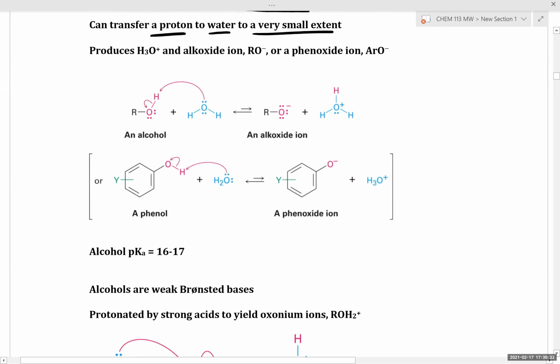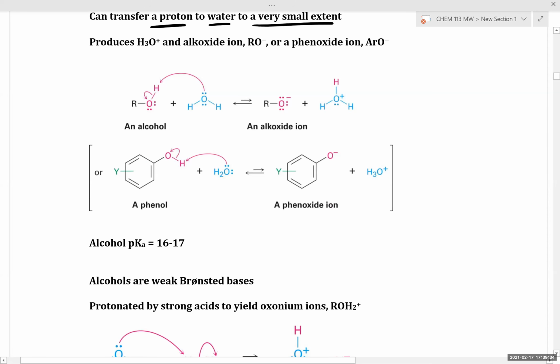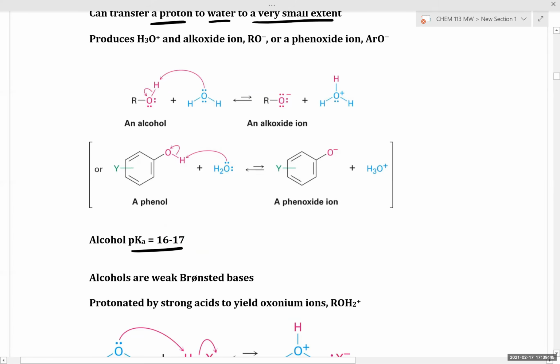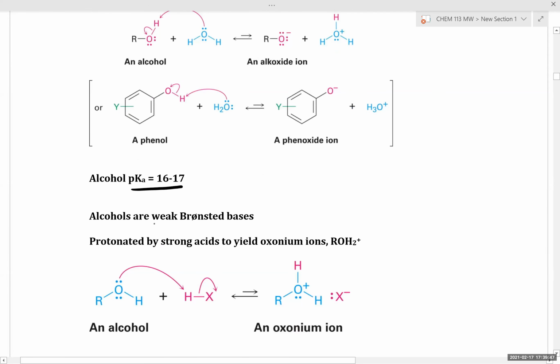Now, if we think about an alcohol's pKa to get a sense of the relative acidity of an alcohol, alcohols are a little bit less acidic than water, typically with a pKa value of around 16 to 17. Now, alcohols can also serve as weak Bronsted bases, and they can be protonated by strong acids to yield oxonium ions.